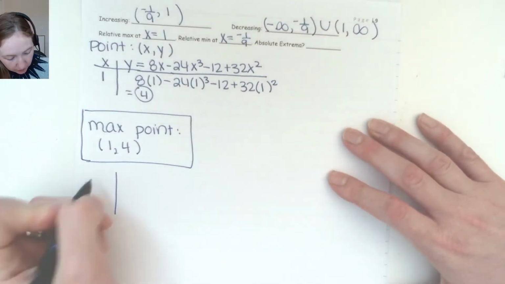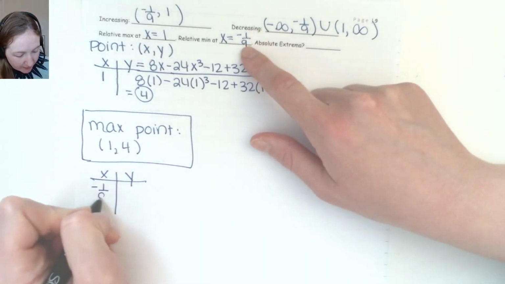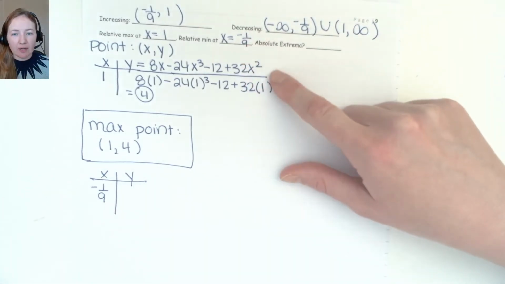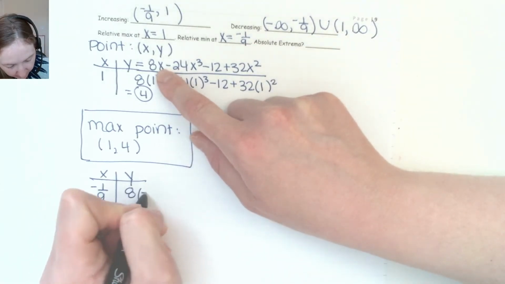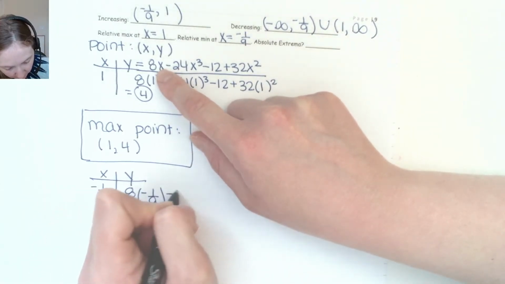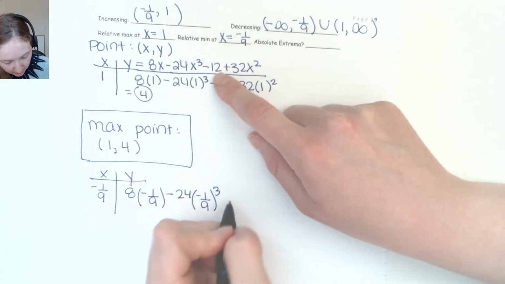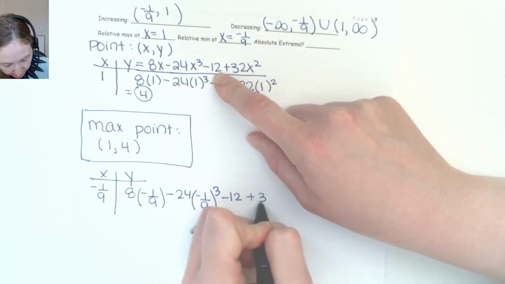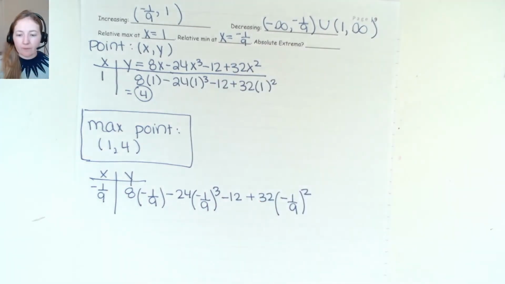So you'll go and create a t-chart where you're plugging -1/9 into that original function. So it will be 8 times -1/9 minus 24 times -1/9 cubed minus 12 plus 32 times -1/9 squared.